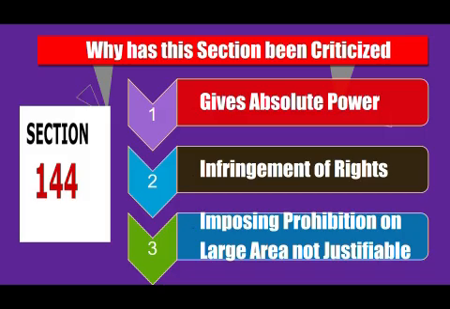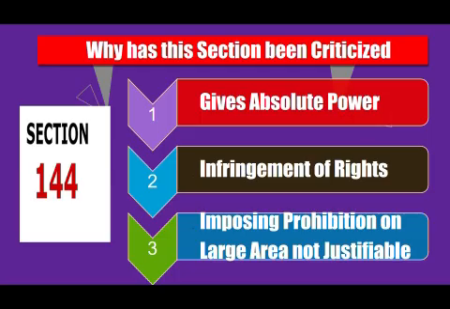Then there is imposing prohibition on a large area, which is not justifiable. Imposing prohibitory orders over a large area is not justifiable because the security situation differs from place to place and cannot be dealt with in the same manner. Prohibitory orders over a large area were imposed in all of Uttar Pradesh during the protest against the Citizenship Amendment Bill.